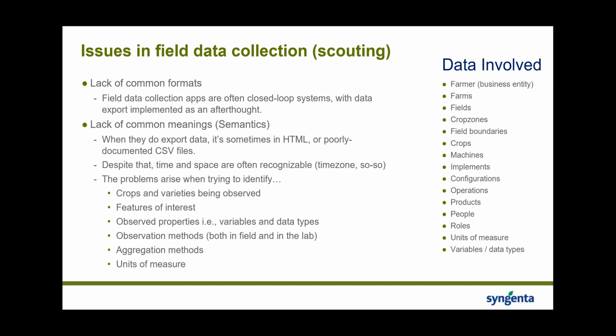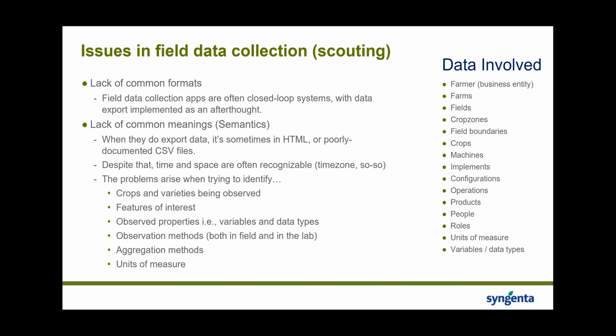When these systems do export data, it's sometimes in HTML or PDF. And when they do export, it's often in poorly documented CSV files, or poorly documented JSON in the best case. So despite that, again, time and space are often recognizable. Time zones, not so much.